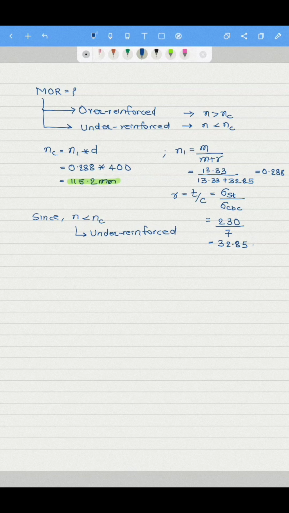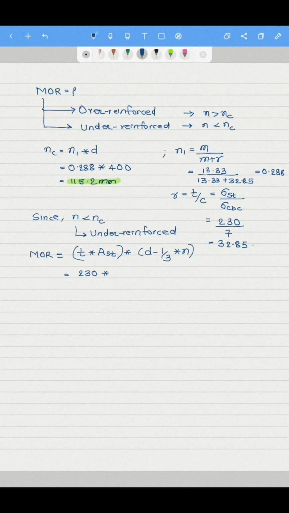Since this is an under reinforced section, we will be using the expression of moment of resistance for the under reinforced section, which we know to be T into AST times D minus 1/3 of n. So T is nothing but the sigma st that we have here, 230, into AST.